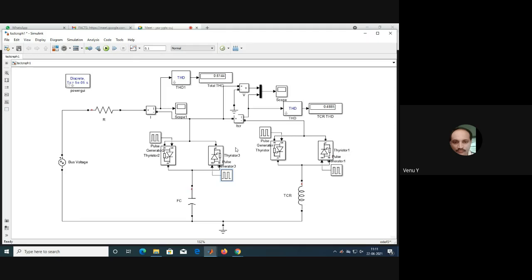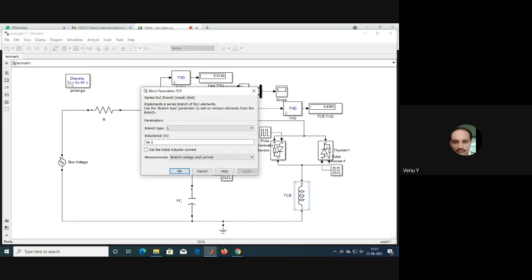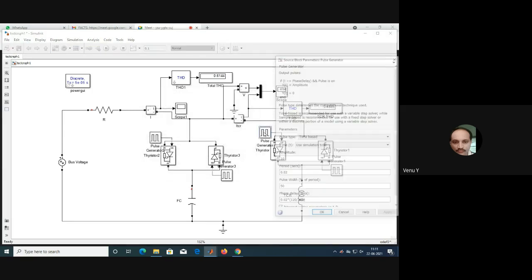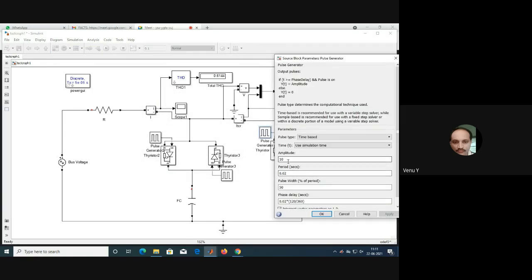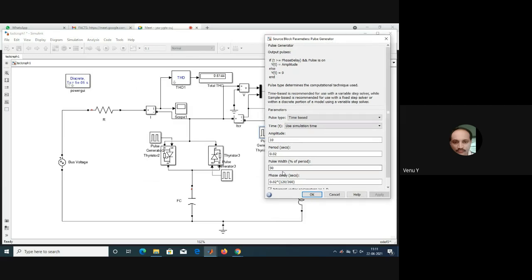TSC block, and the second one is the TCR block. In the TCR block, inductance 3 milli. This is the amplitude 10, time period 0.02 seconds or 20 milliseconds, pulse width 50, phase delay 0.02 into 120, which is the delay angle alpha.